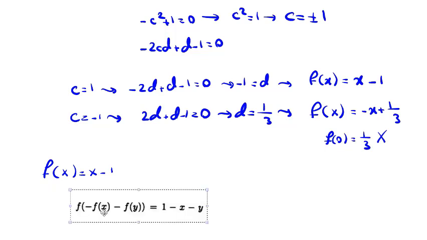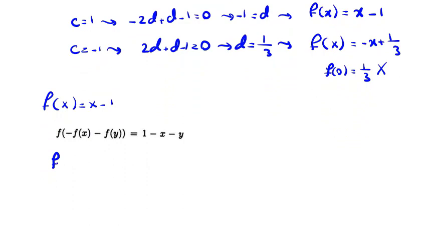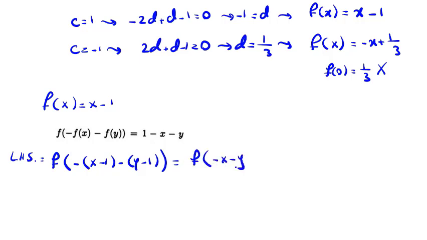Let me paste it here. Okay, so let's see, does it work? So it will be f of x minus y is x minus 1 minus y minus 1. It equals, let's calculate the left hand side at first. It will be f of negative x negative y plus 1 plus 1 plus 2.